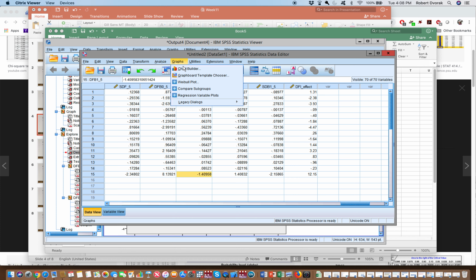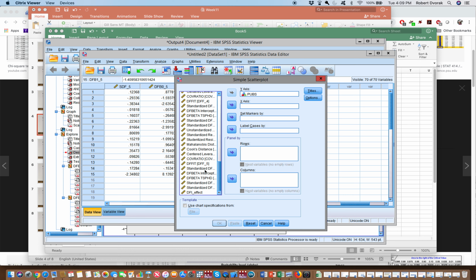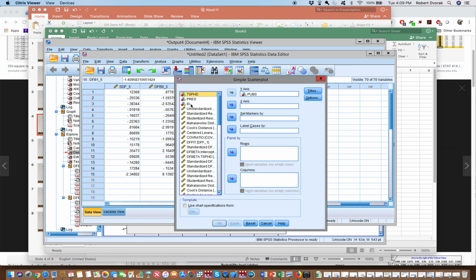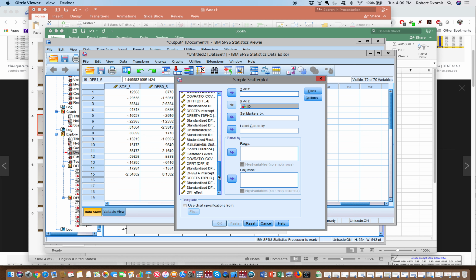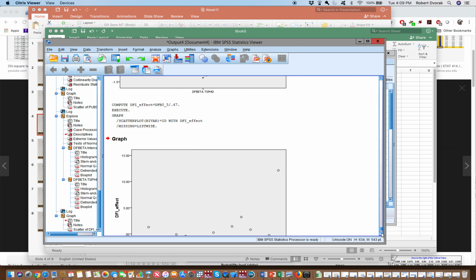Let's go Graphs, Legacy Dialogs, Scatter, and let's go on our x-axis. Let's just put person ID, and on our y-axis, let's put this effect on the intercept. And this will give us a graph of people by their effect on the intercept.